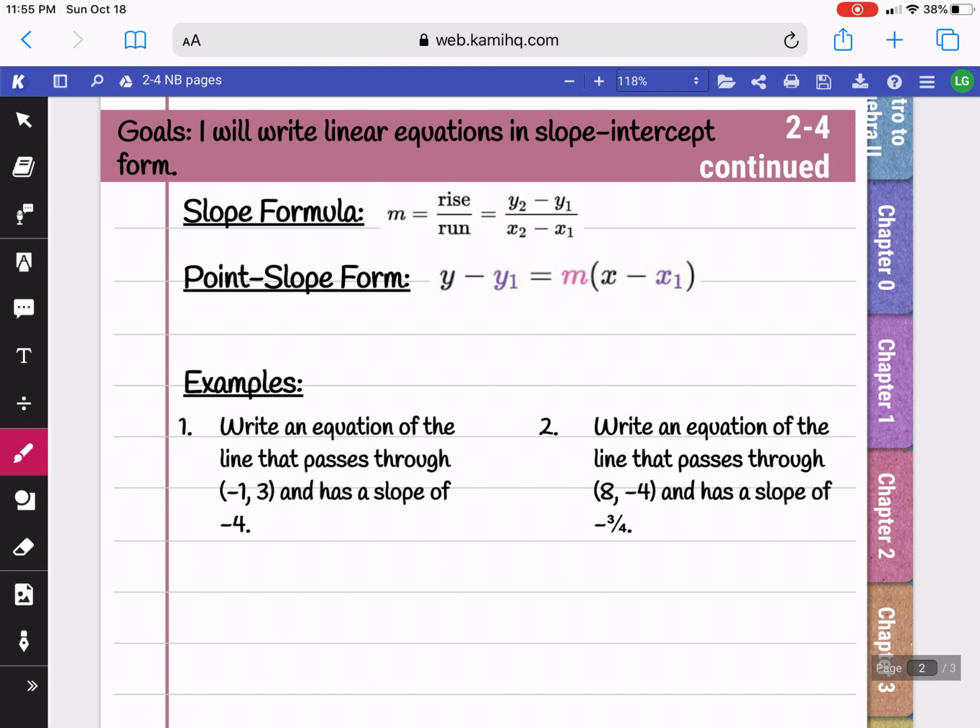So here we look at our first example. They want us to write an equation of a line. They tell us it passes through negative 1, 3 and has a slope of negative 4. So here negative 1, 3 would be our x1 and our y1. And the slope of negative 4 is our m. So I'm going to plug this into point slope form.